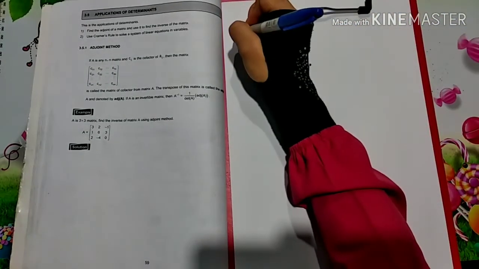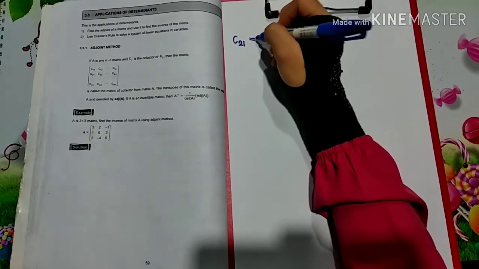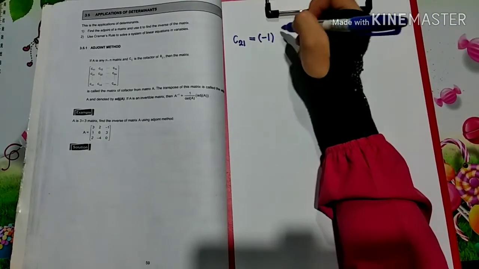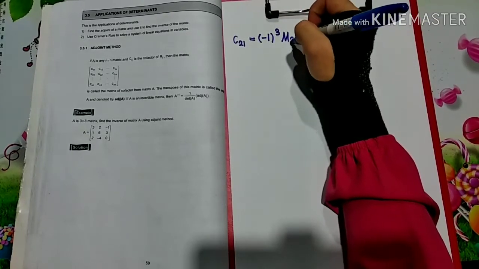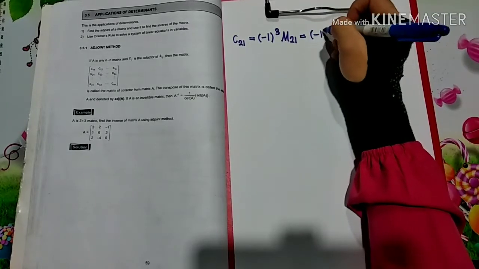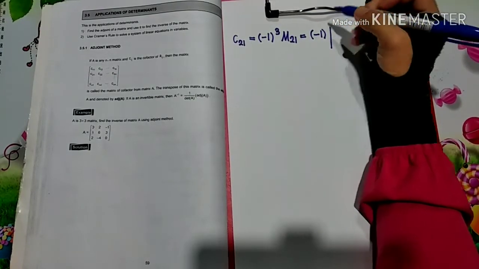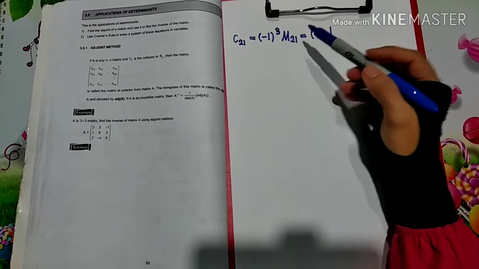Next, C21 equal to negative 1 power 2 plus 1, negative 1 power 3 equal to negative 1, and M21. So we delete second row, first column.